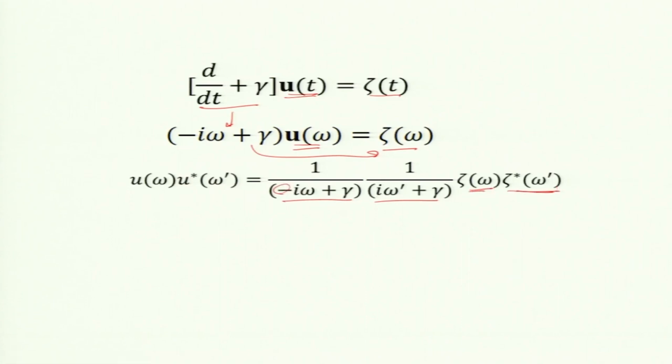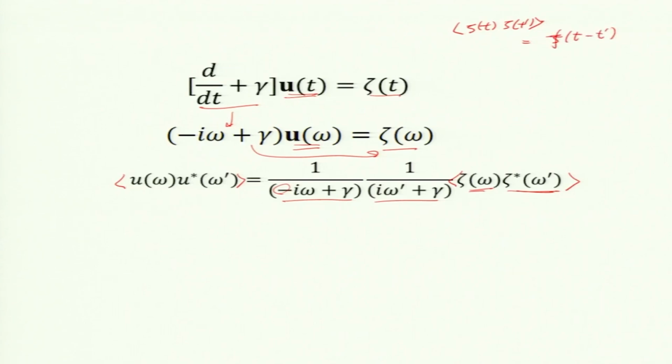Now, we do the ensemble average, with the assumption that this zeta is stationary, that means its distribution does not change with time, and is homogeneous. That means the correlation of zeta(t) and zeta(t prime) is only a function of t minus t prime.